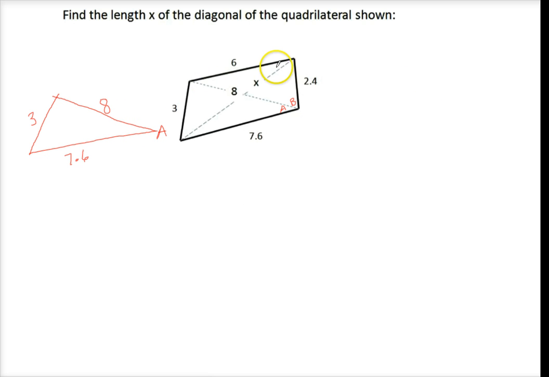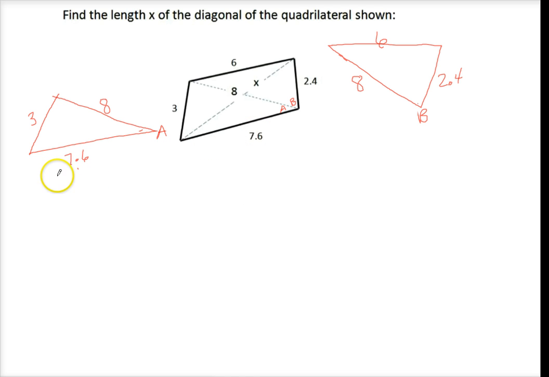I'm also going to split off the top half here. Again, the diagonal here is 8, the top side is 6, and the right-hand side is length 2.4. We want this angle right here, angle B. I've split it into two pieces, and I'm going to use the law of cosines to find angle A and angle B, and then we'll put it together in the middle.